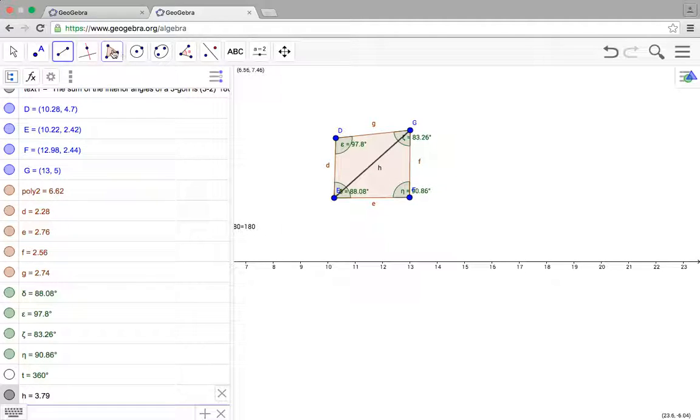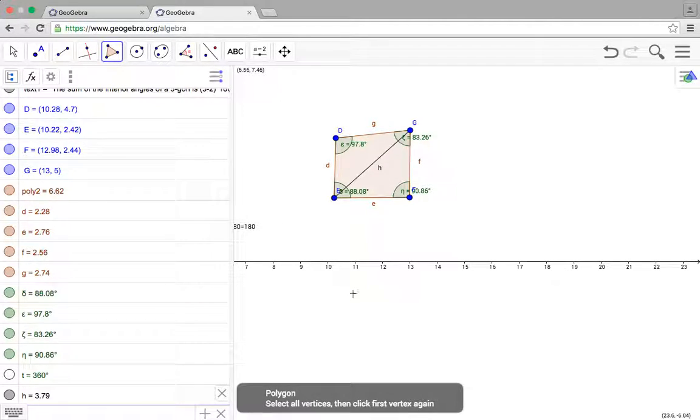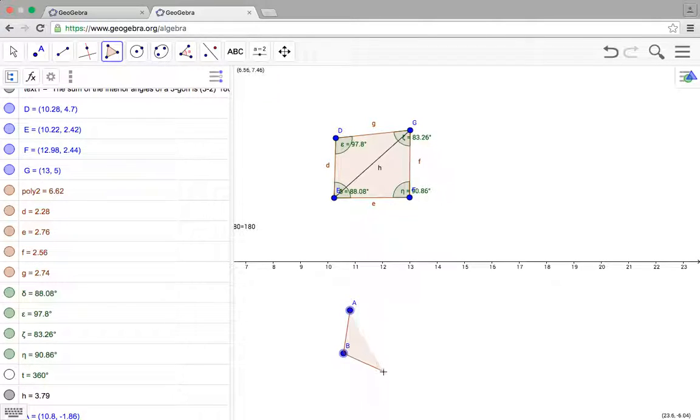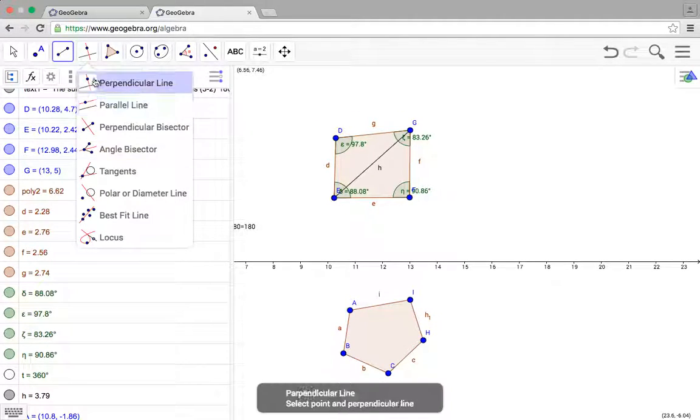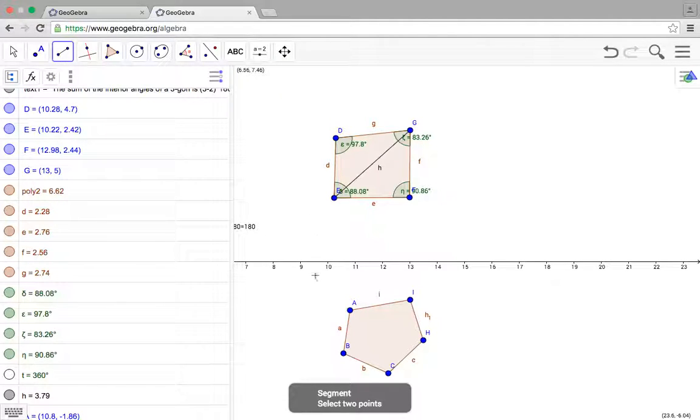And the same thing is true for a pentagon. If we would graph a pentagon, which has 5 vertices, then you can see you can divide this pentagon into a triangle plus another triangle plus another triangle.